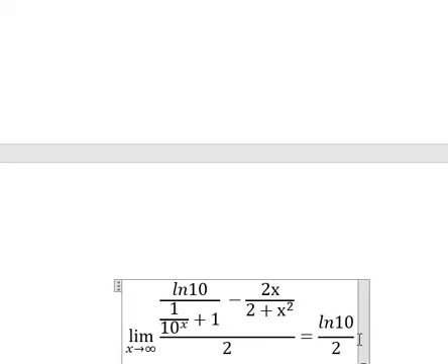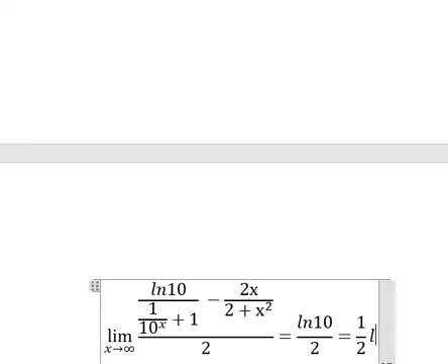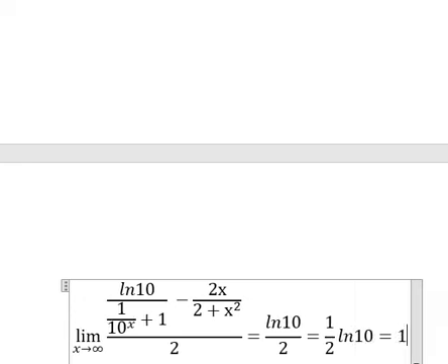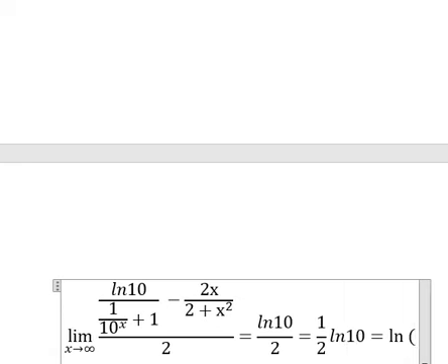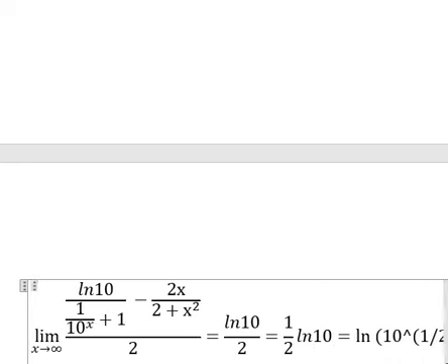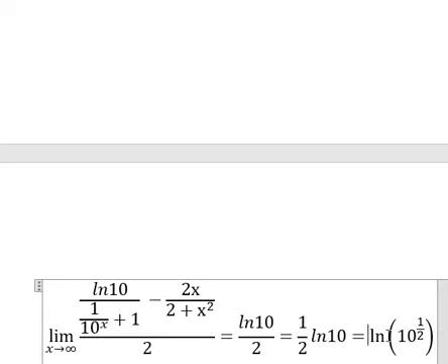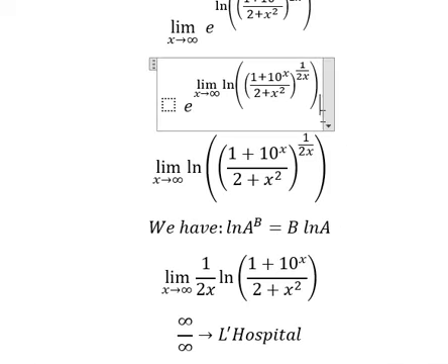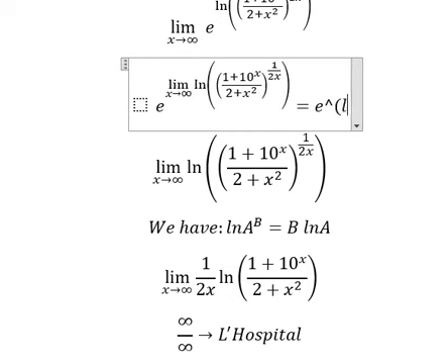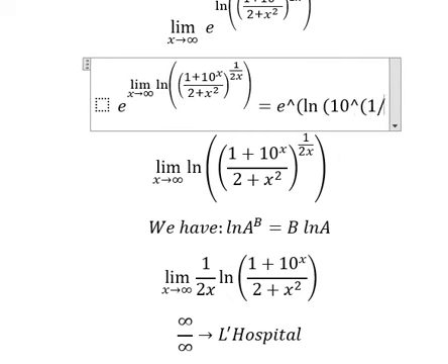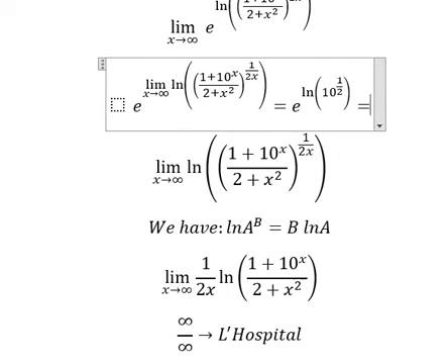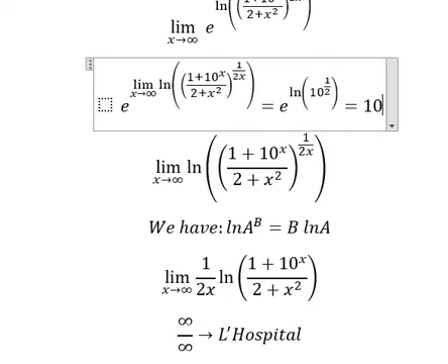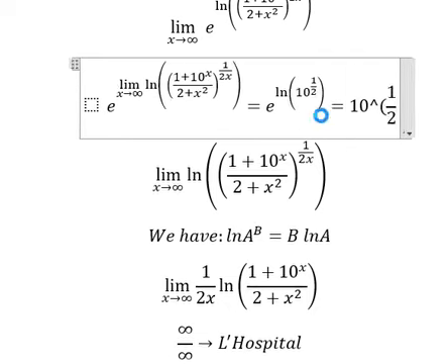So I will put 1 over 2 ln 10, and we have 10 to the power of 1 over 2. Then I will put this one back in here, and we have 10 to the power of 1 over 2.